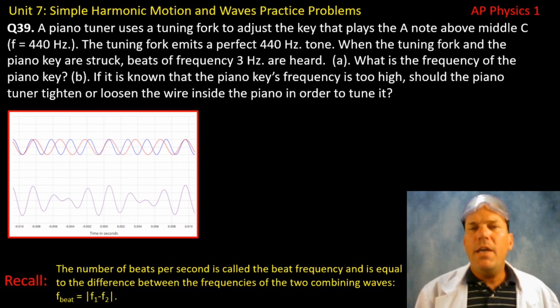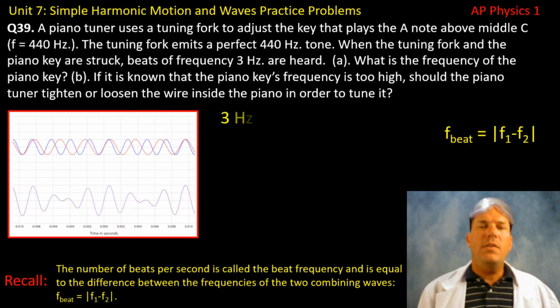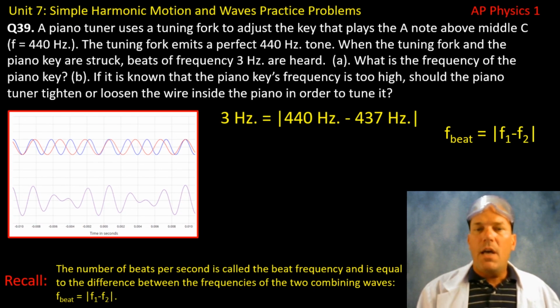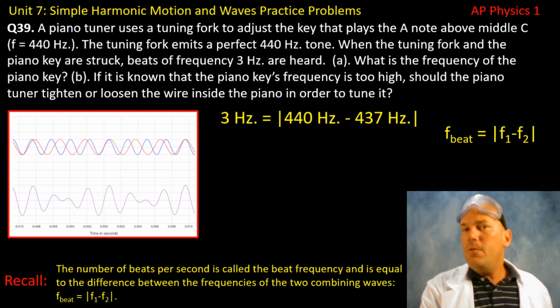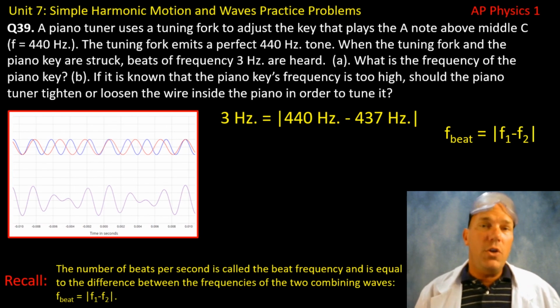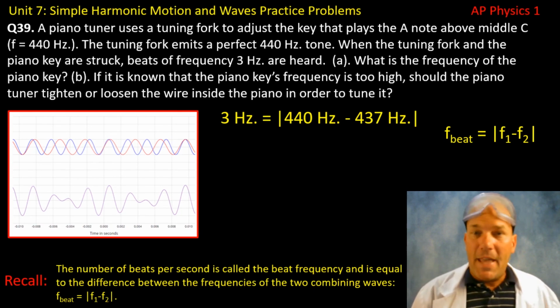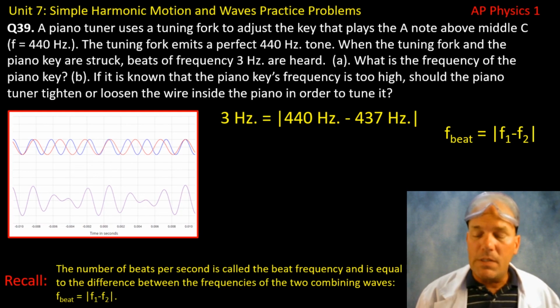So let's go ahead and use our equation here to look at the beat frequency. So we have 3 hertz, which is the beat frequency given to us in the problem. And we know that it's 440 minus, well, if the beat frequency is 3 hertz, it could be minus 437. That's going to give us the absolute value of 3 hertz, which is the beat frequency.